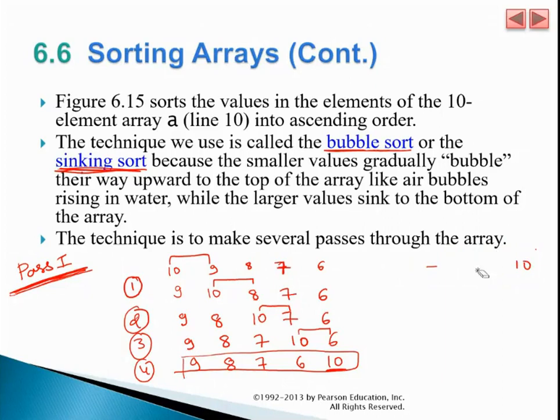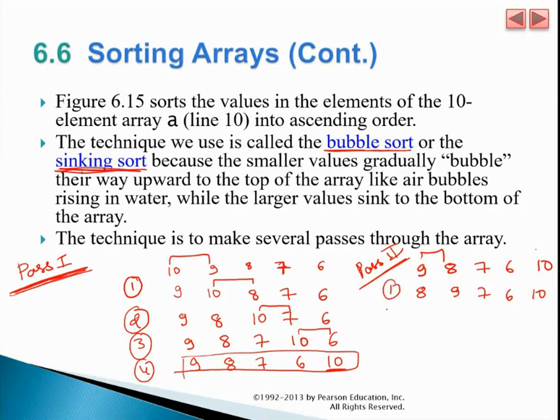What will happen in pass 2? Let me show you. In pass 2, we have this array with us now. Again we do the same thing. We first compare the first two elements. The second element is smaller, so we switch it and the array looks like this.